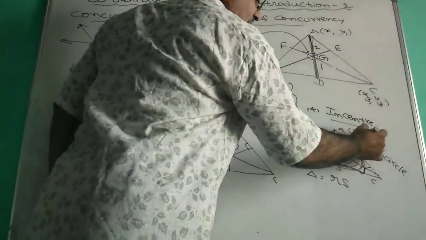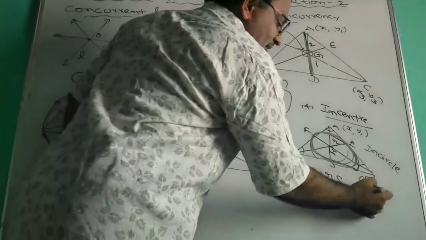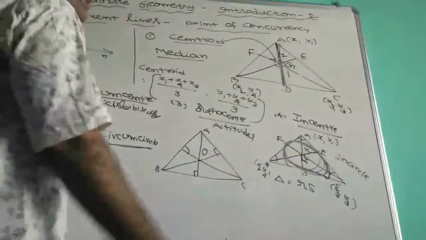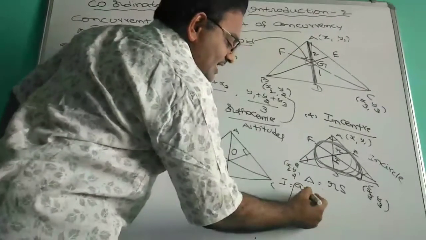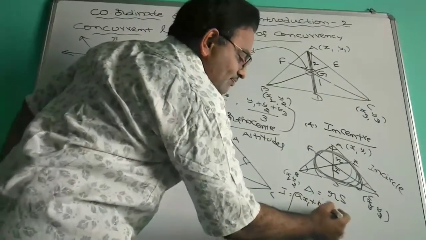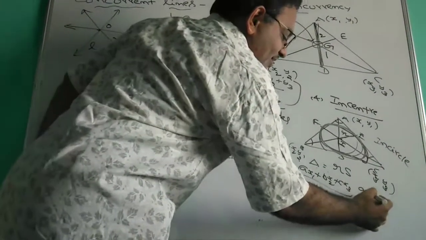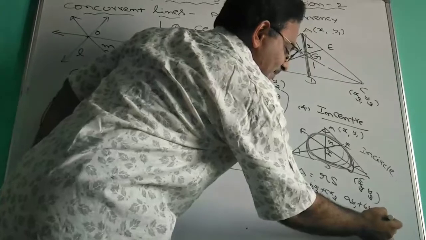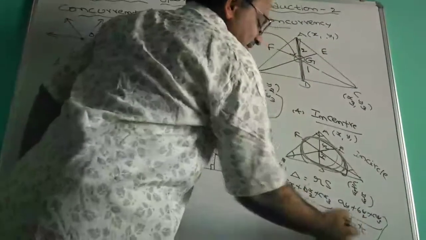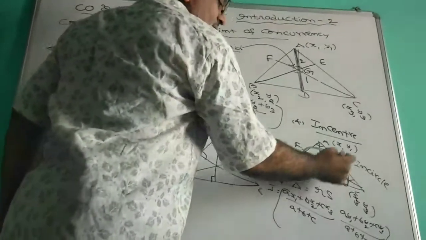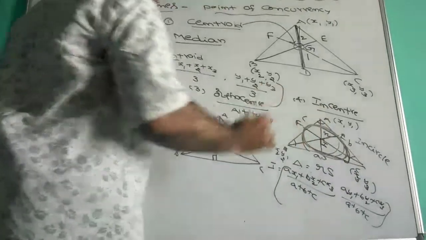Suppose A (x1, y1), B (x2, y2), C (x3, y3) are the vertices of a triangle, then the incenter I equals (a x1 plus b x2 plus c x3) by (a plus b plus c), (a y1 plus b y2 plus c y3) by (a plus b plus c). It is the formula for the incenter. Here a, b, c are the lengths of BC, AC and AB.